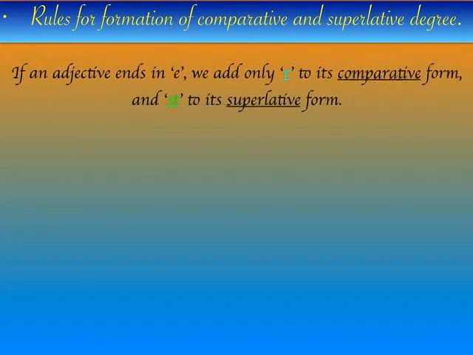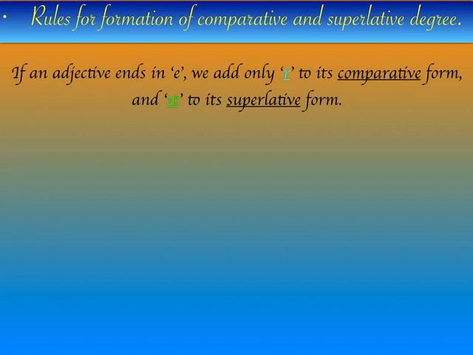The next rule of formation of comparative and superlative degree says that if an adjective ends in E, we add only R to its comparative form and ST to its superlative form.